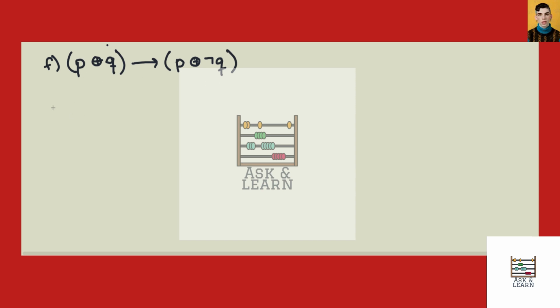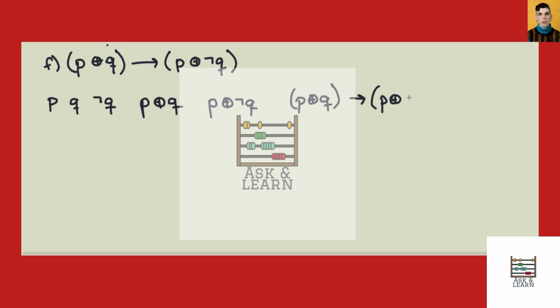We have three: P, Q, and the negation of Q. Now we do the compound proposition P exclusive or Q. The next one is P exclusive or negation of Q. And then the complete compound proposition, P exclusive or Q, conditional statement, P exclusive or negation of Q.